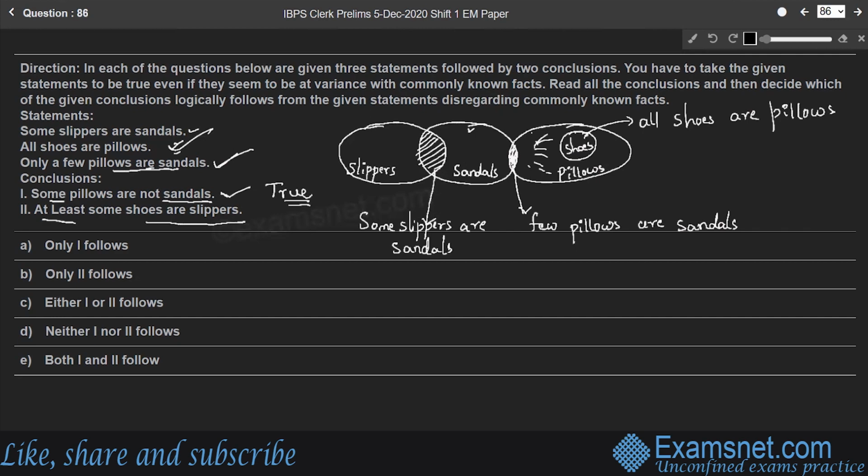So here all shoes are pillows. Right? So not even a single portion of shoe is a slipper. Therefore, since all shoes are pillows, at least some shoes are slippers is a false conclusion. Come to the options. Only one follows, only two follows, either one or two, neither one or two, both one and two. So here only one follows is the correct option. Therefore, conclusion 1 is true. That is only one follows.